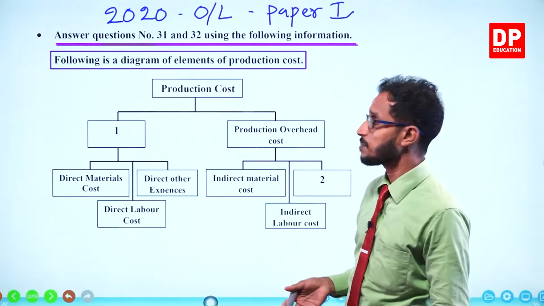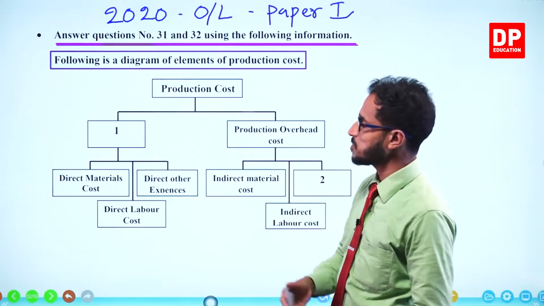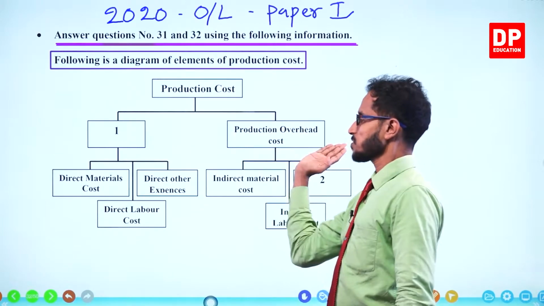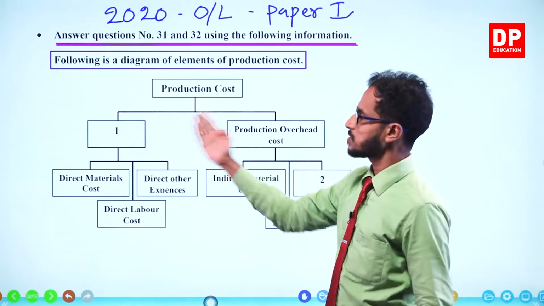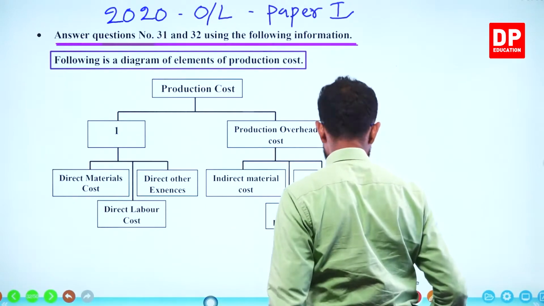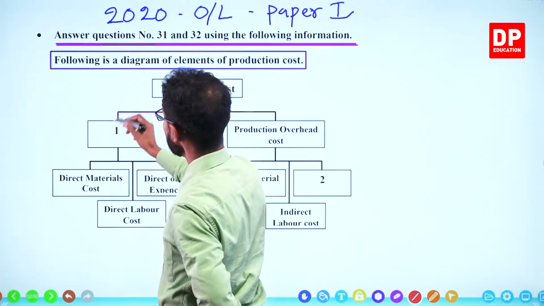You have the production cost on top. It is divided into two main sections, 1 and 2. Yeah, let's use different colors. All right. Production cost is divided onto this side.